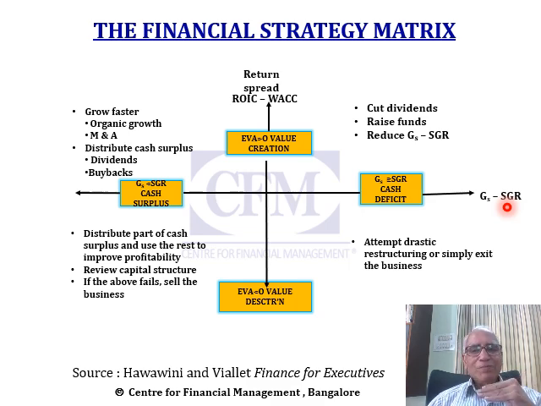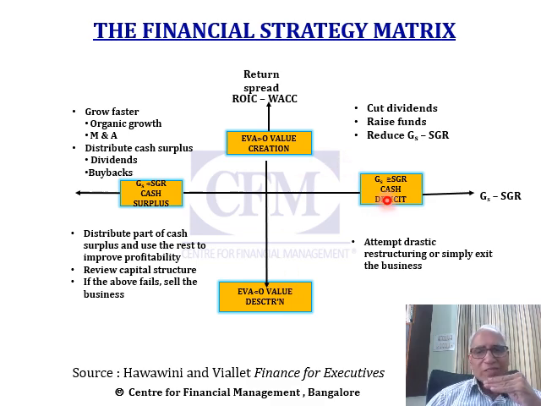It is defined as the product of retention ratio and return on equity. If ROIC is greater than weighted average cost of capital, the company is EVA positive. If ROIC is less than weighted average cost of capital, the company is EVA negative.